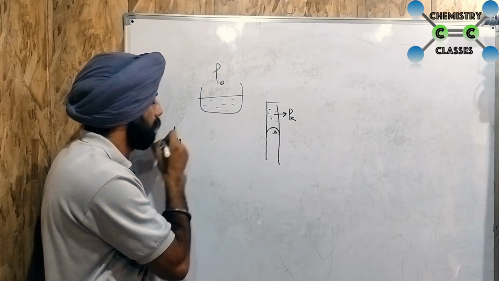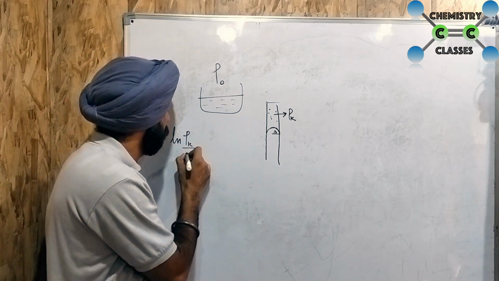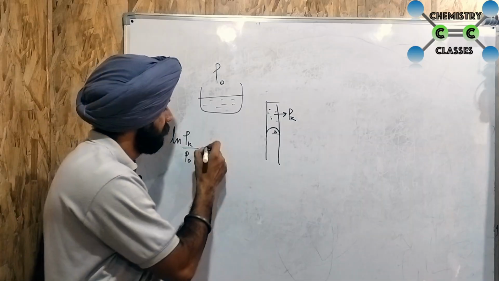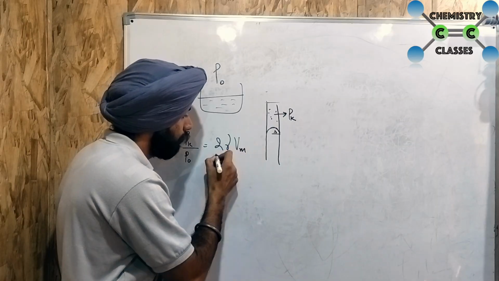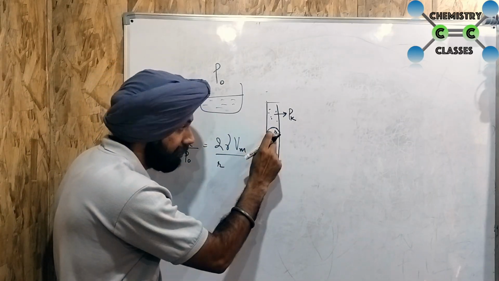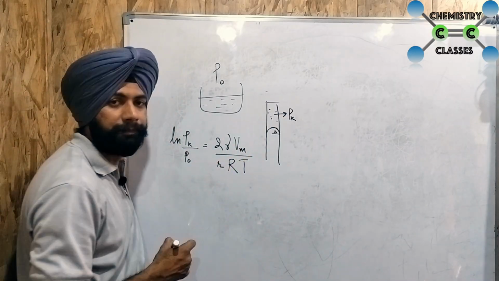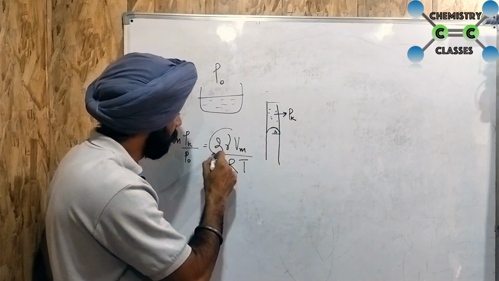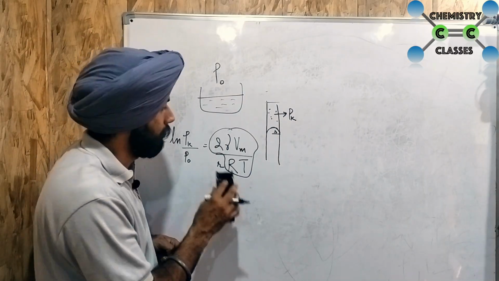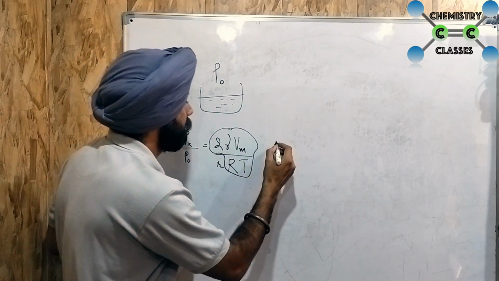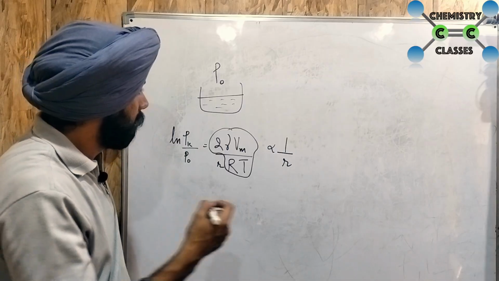The equation is: natural log of the pressure of the curved surface divided by the vapor pressure of the flat surface is equal to 2 times the surface tension times the molar volume of the liquid, divided by R, the radius of the curvature, times the universal gas constant and the absolute temperature. Here we do not value this much because it is a constant for any given liquid, but what changes is the radius.